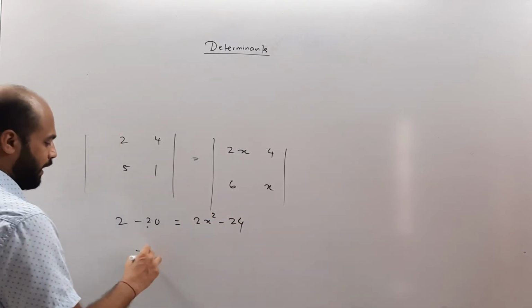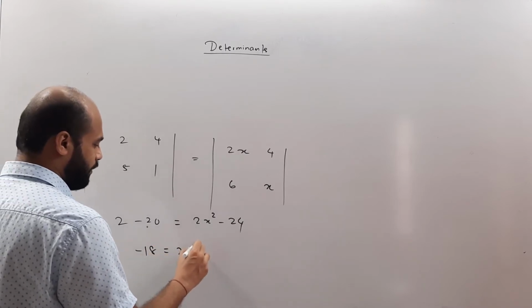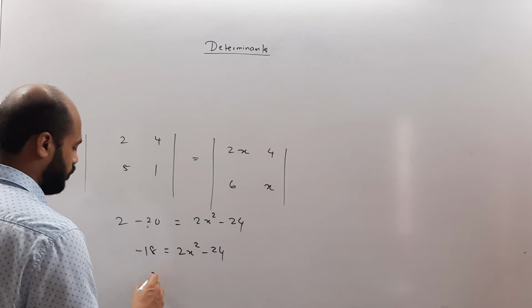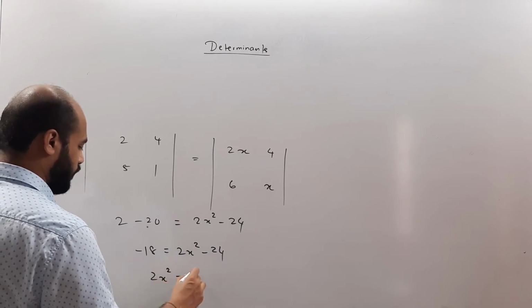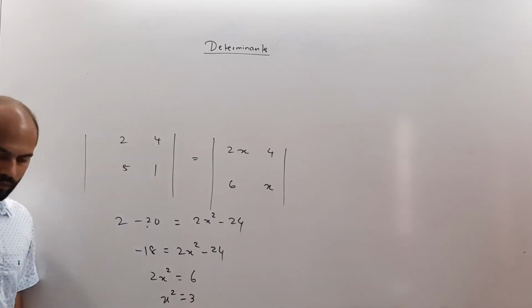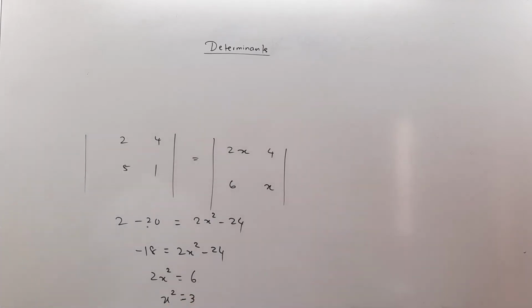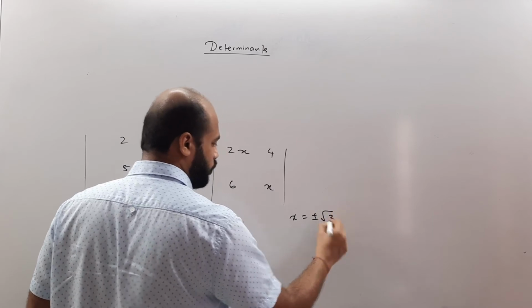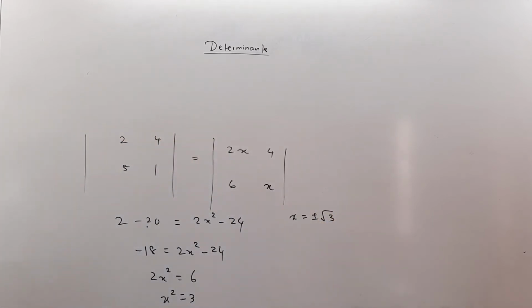So ultimately this is minus 18, 2x square minus 24. So 2x square comes out as 6, which is x square equals 3. That is what we get. So if x square is 3, we can definitely find the value of x, and it will come out as plus minus root 3. That is the answer of this question.